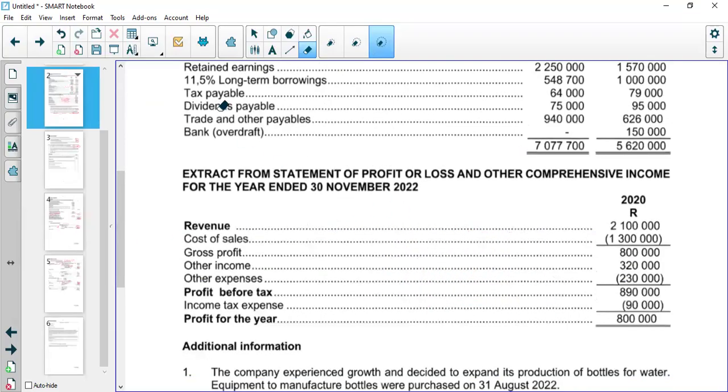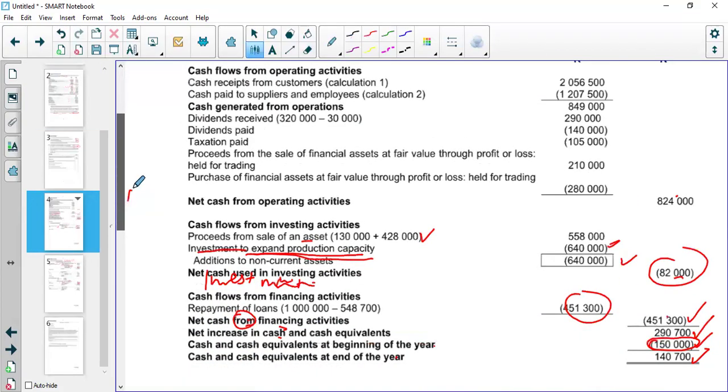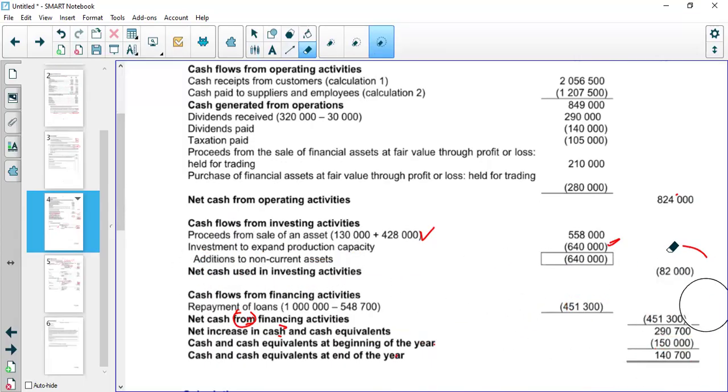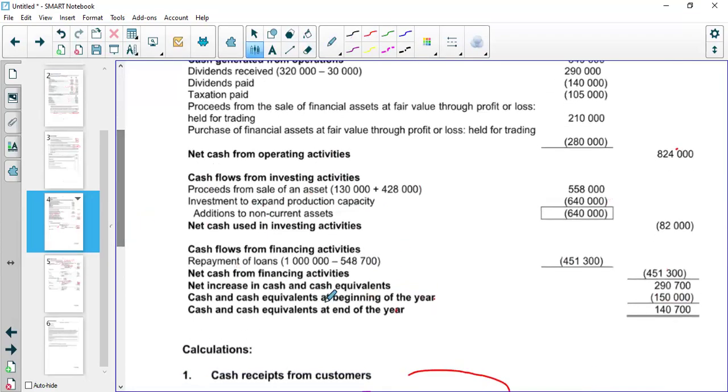Let's say you don't have sufficient time and you want to do some quick pickpocketing. You could start here, and you could start here, and say cash at the beginning of the year 150, cash at end 140. Then if you combine those two, it must give you the increase, which is 290.